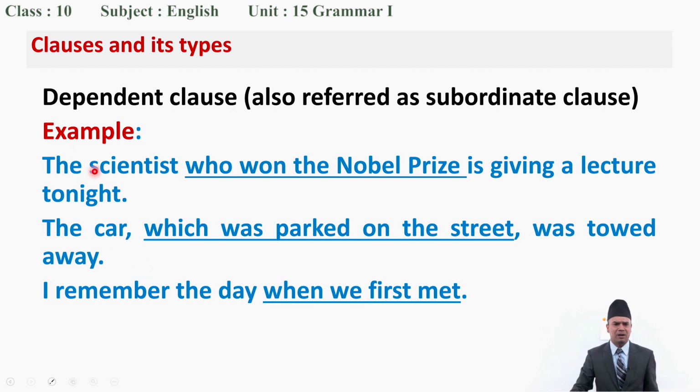In the first example, the scientist is giving a lecture tonight, it is complete by itself. If you wipe this part also, this is a complete sentence. I remember the day when we first met. If you say I remember the day, that is complete, because I remember the day is an independent clause.